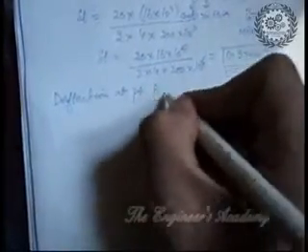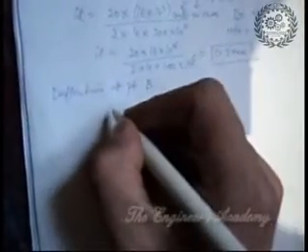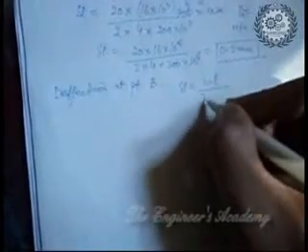After that, if we find the deflection at point B, using the same expression as we used above, delta L will be equal to WL by 2AE.